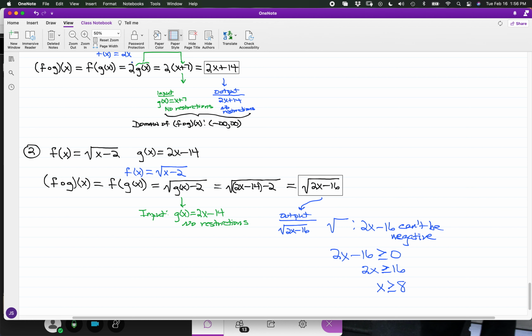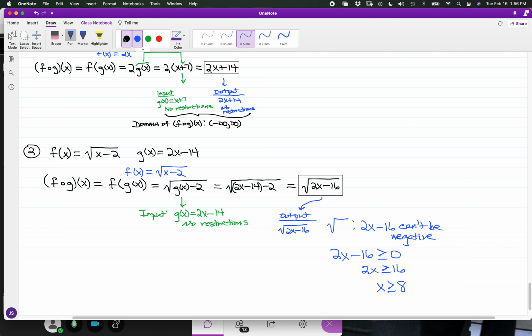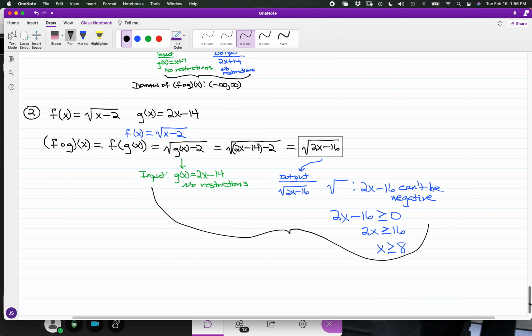And with division by 2, the inequality stays in the same direction. So looking at what we have overall between the input as well as the output, the only restriction is going to come from the output. And this will be where x is greater than or equal to 8.